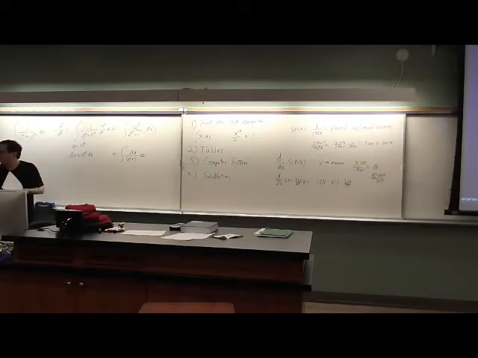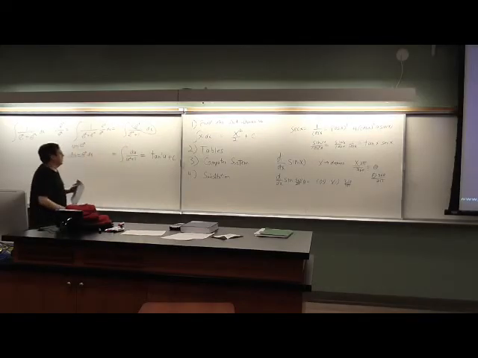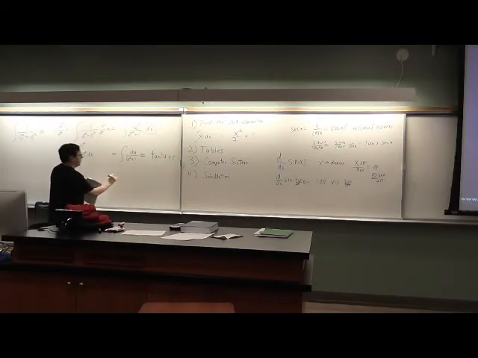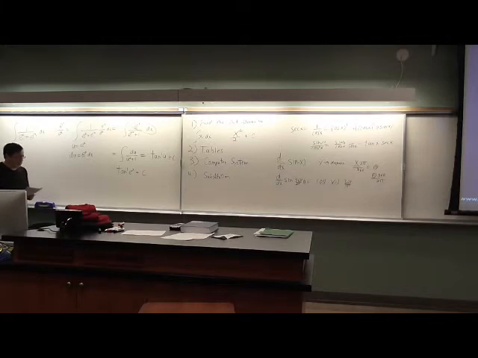Well, everyone should already know what that is by now. That's tangent inverse u plus a constant. And when we plug back in, we find that's tangent inverse of e to the x plus a constant.